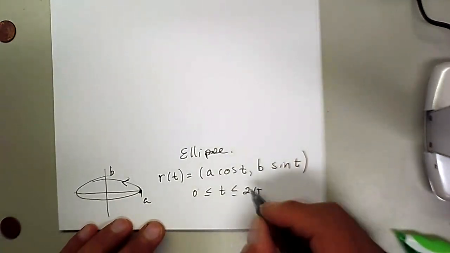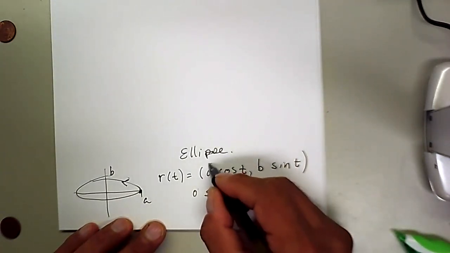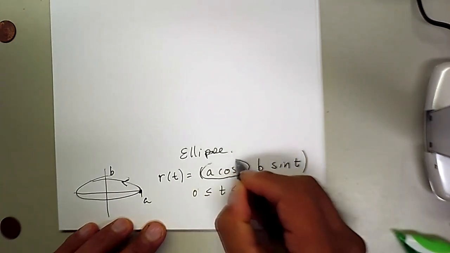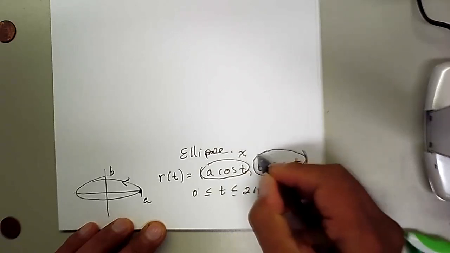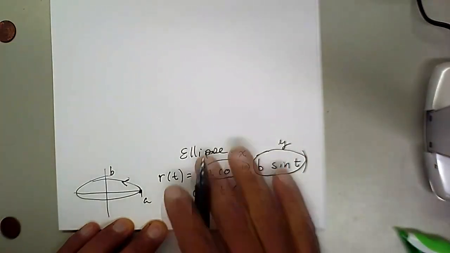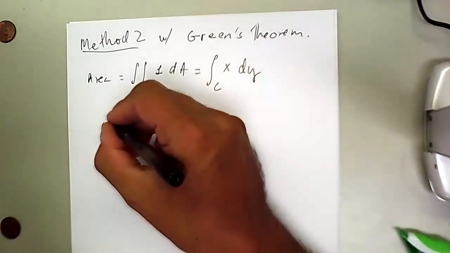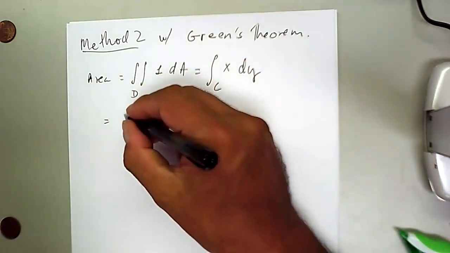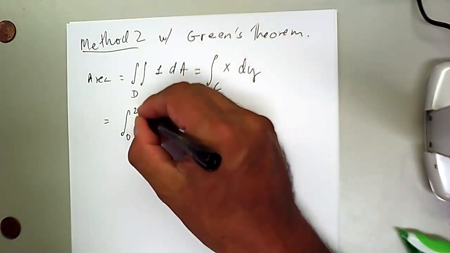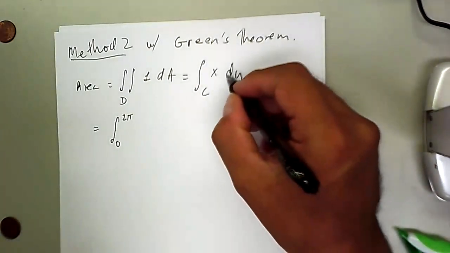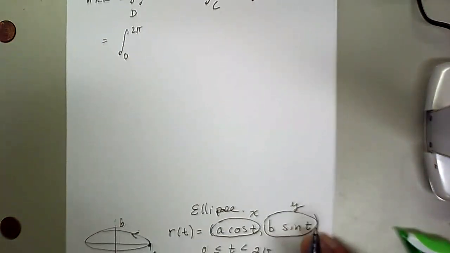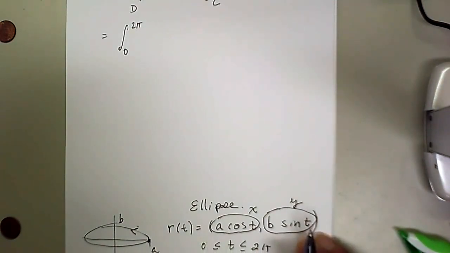Okay. Now, this first coordinate, of course, is what we would label as x, and this is what we would label as y. So we really have the integral from 0 to 2 pi, now that we established that we got to go all the way around to get the whole boundary, of x, where's the x?